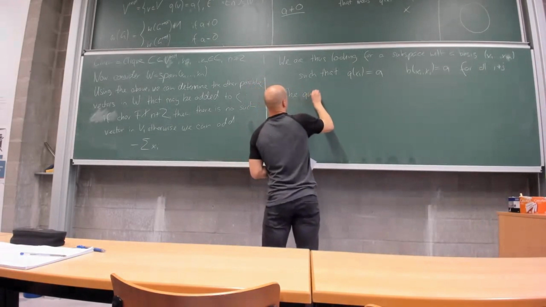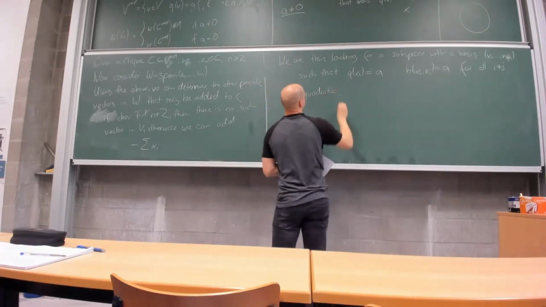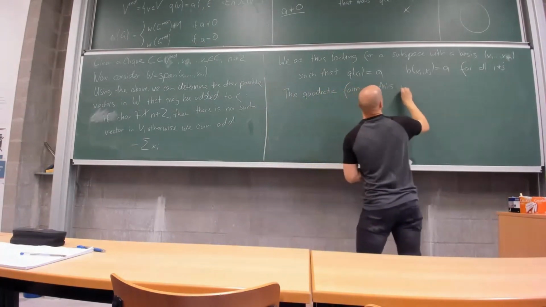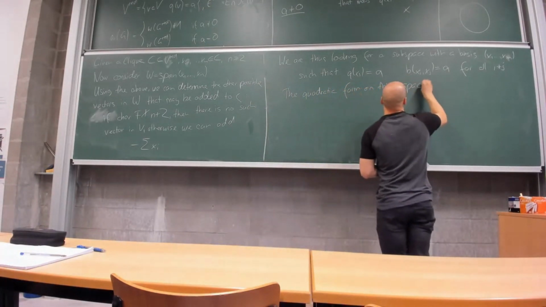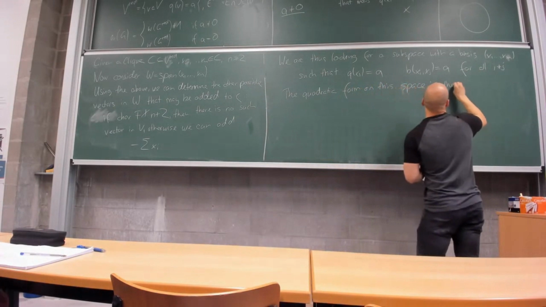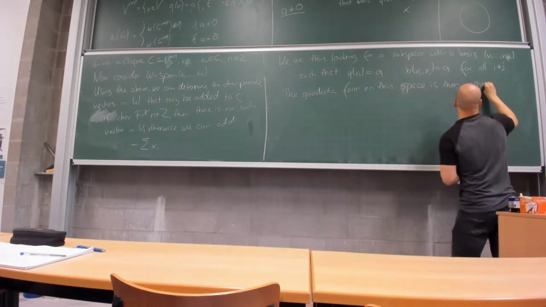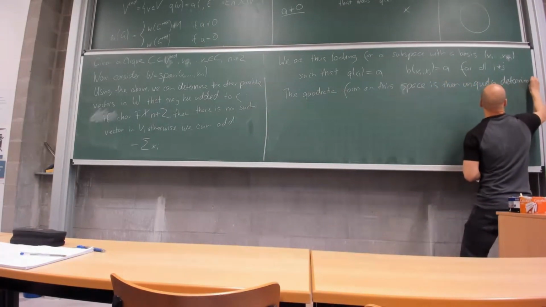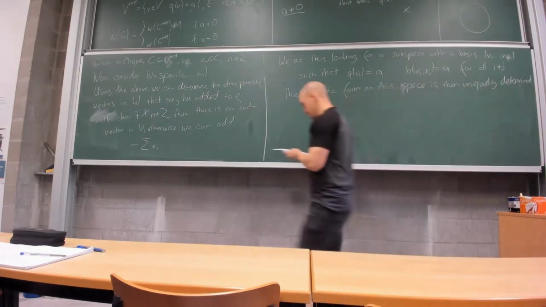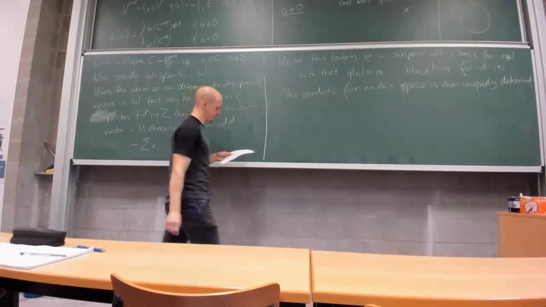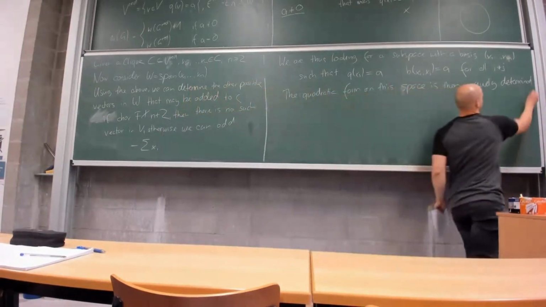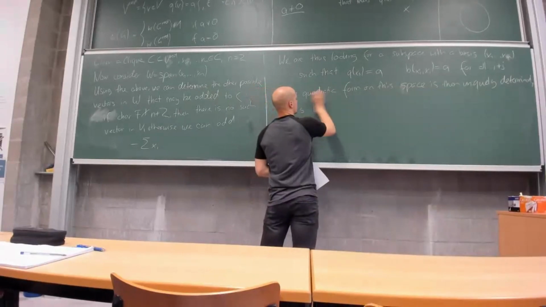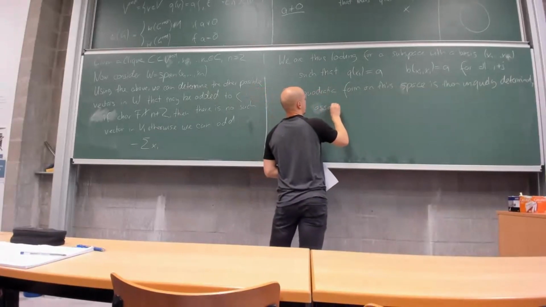So the quadratic form on this space is then uniquely determined by its associated bilinear form.